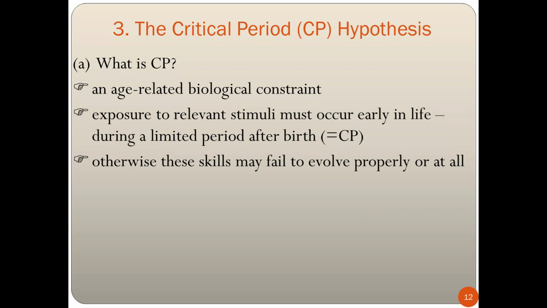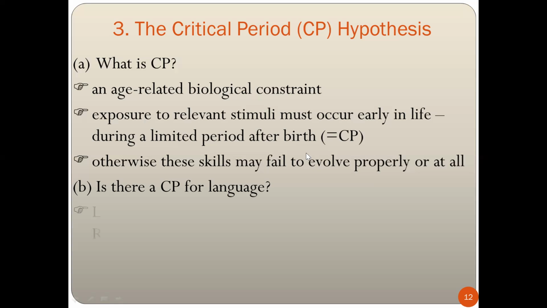So failure to receive these stimuli then leads to the inability to develop this skill. And it has been proposed that the same happens with primary languages, which is another term for first language, for the native language.